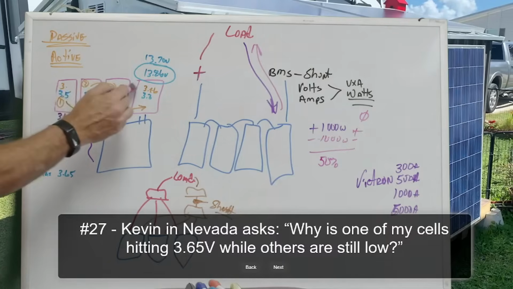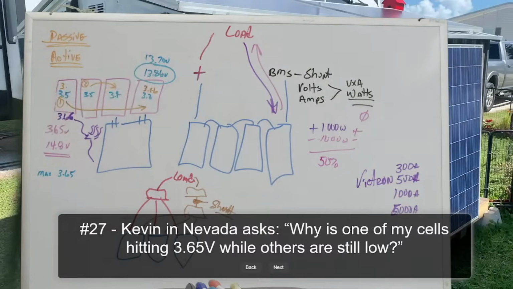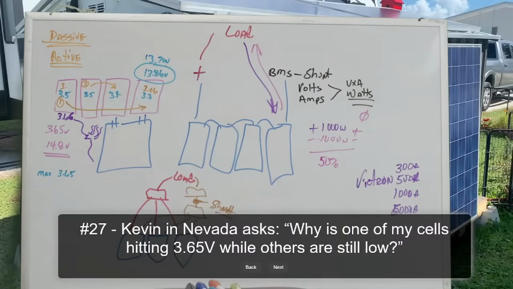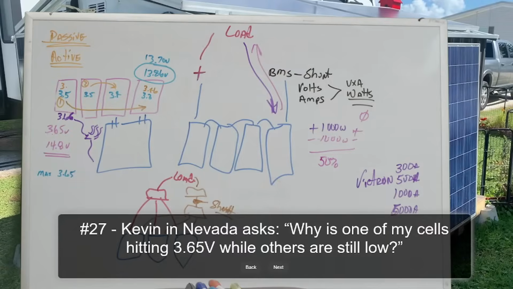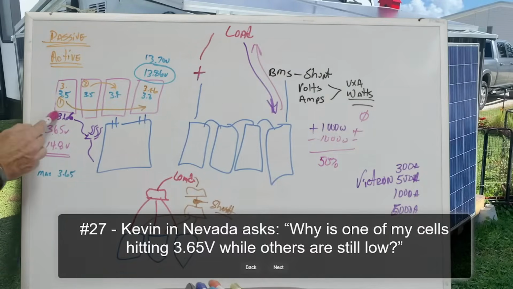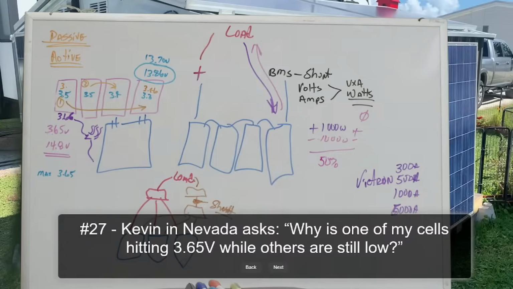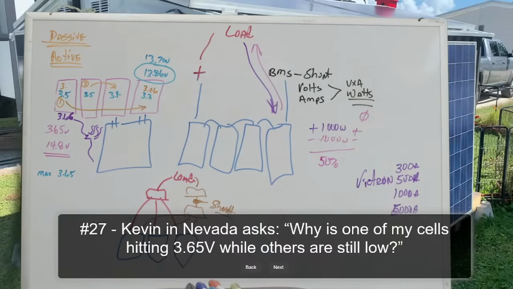Most active and passive balancers activate when cells hit 3.4 volts. So what you need to do is set the charge voltage low enough that this cell never reaches 3.65, but the battery is still in a balancing mode. 3.4 volts basically puts your battery voltage on a 48 volt battery at 54.4.